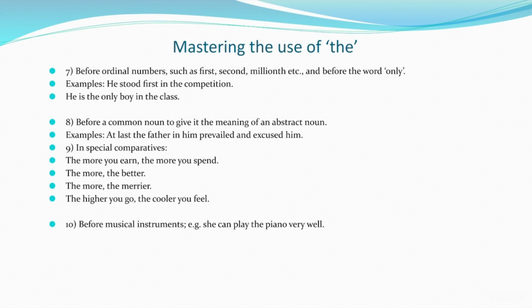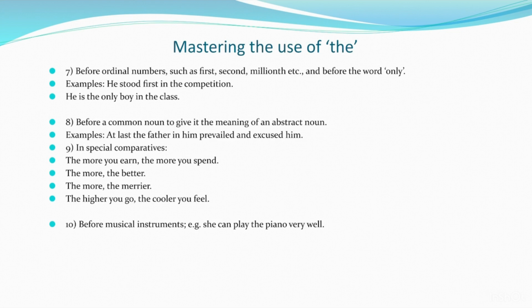Like you can say, he is the first boy in the class. He is the second boy in the class, or he is the first rank holder, like this. He is the only boy in the class.